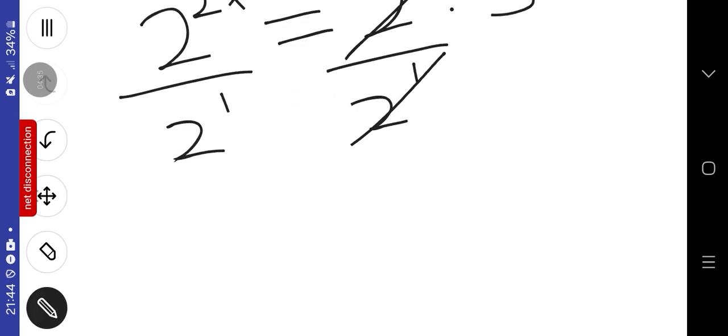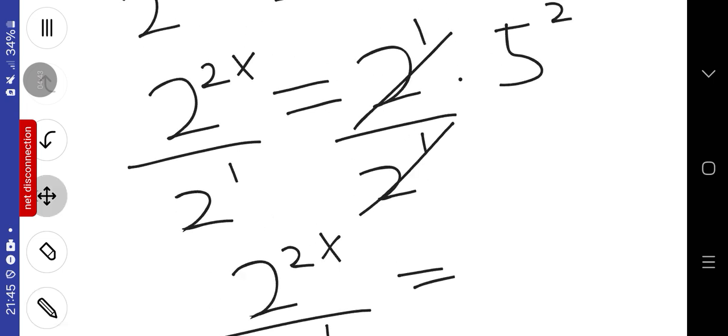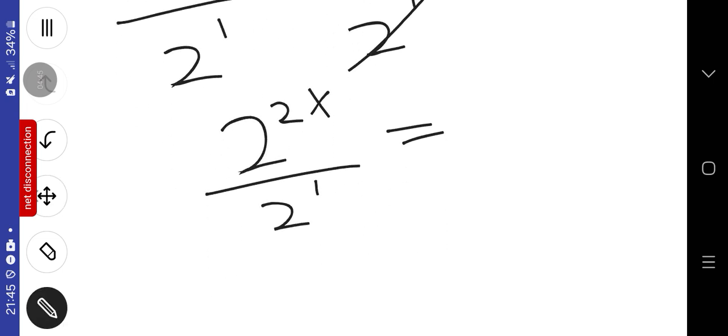So you have 2 exponent 2x over 2 exponent 1 equals 5 exponent 2. At this stage, we are going to apply the quotient rule. Before we apply it, let's quote the rule.